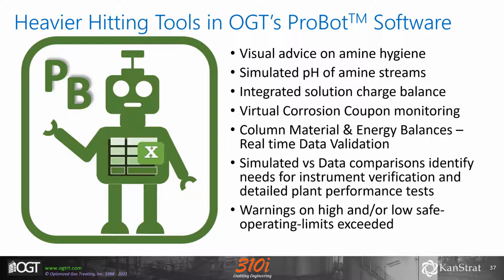This tool also gives you virtual corrosion monitoring as well as real-time data validation through detailed column material and energy balances. You can easily compare simulations to data and identify any needs for instrument verification and produce detailed plant performance tests. And finally, there is a detailed warning system to provide high and/or low safe operating limit alarms.